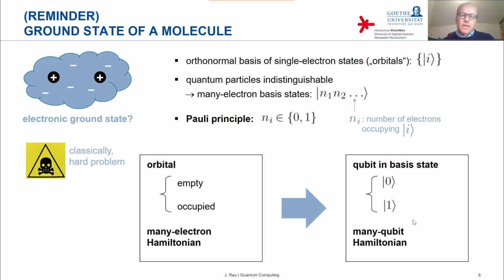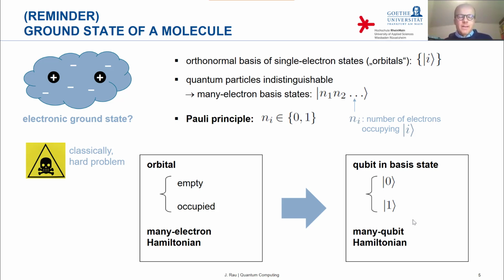And then, just as in the case of classical optimization, we have the many electron Hamiltonian, of which we want to find the ground state. So we want to minimize the expectation value of that many electron Hamiltonian. We can map that to a Hamiltonian of our qubits, and we have to minimize the expectation value of that Hamiltonian for our qubits.